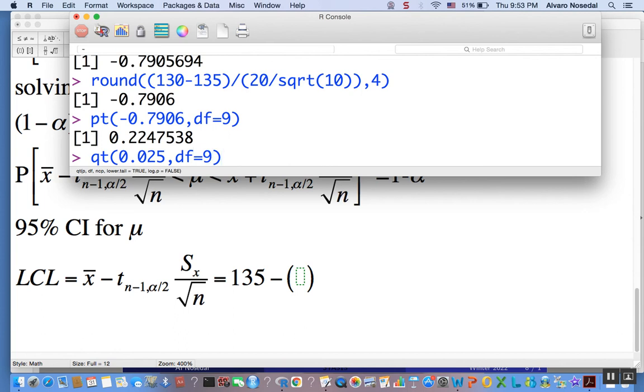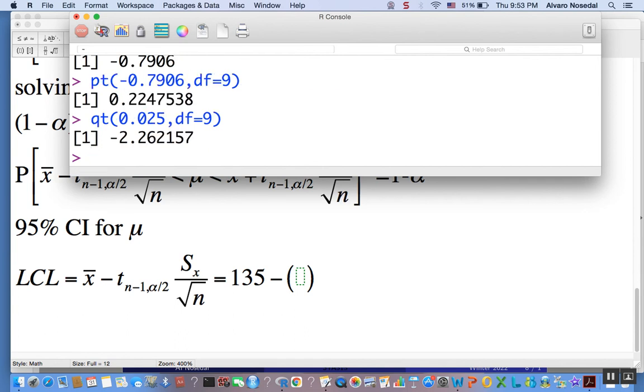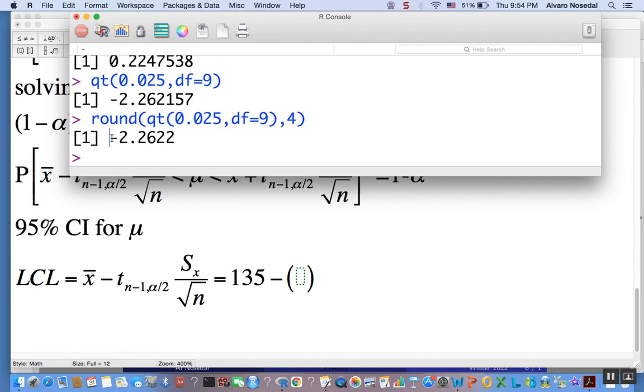Okay, so that's our critical value. Let's round it to 4 decimal places. That should be enough.